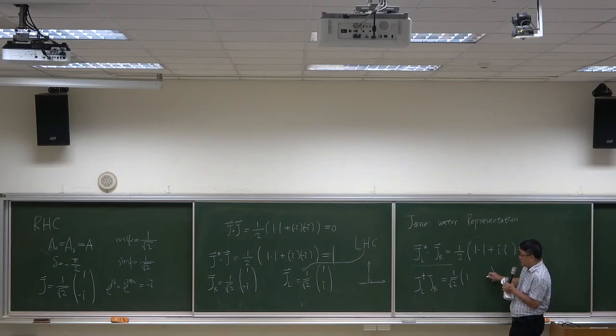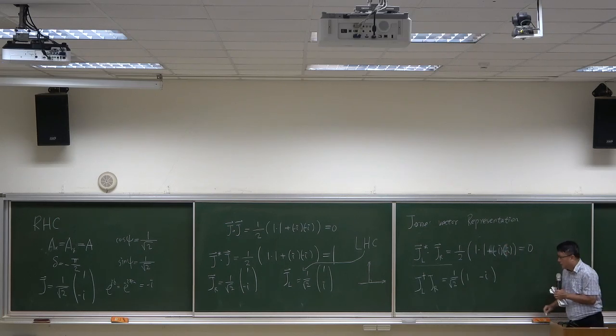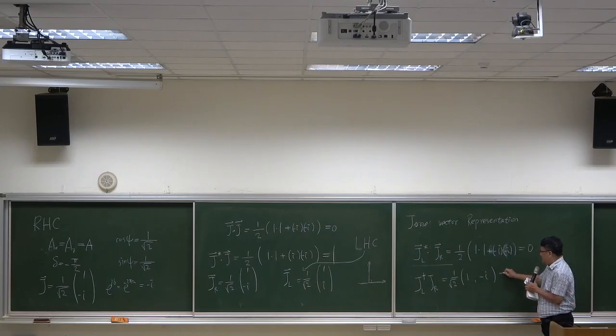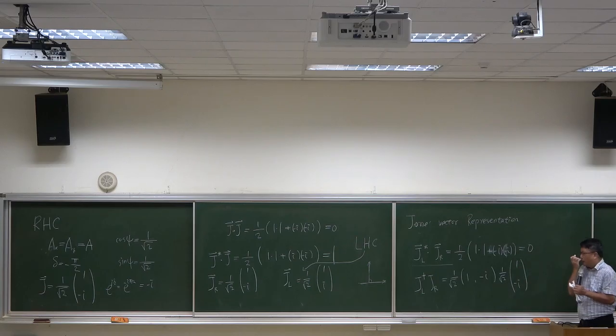Complex conjugation. 这边写错了，这是负 I。负 I 乘以负 I，但一样是零啊。JL dagger times JR. Okay, then the result is 1/2 1 minus 1 equal to 0.